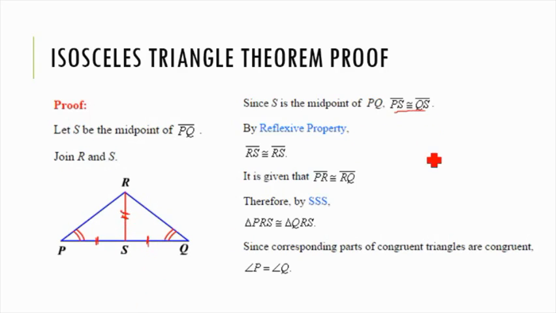So PS is congruent to QS, RS is congruent to RS, and since we already know that PR is congruent to RQ, then therefore by SSS, triangle PRS is congruent to QRS. And by corresponding parts of congruent triangles, that means angle Q and angle P must be congruent. So there's your proof of the isosceles triangle theorem.